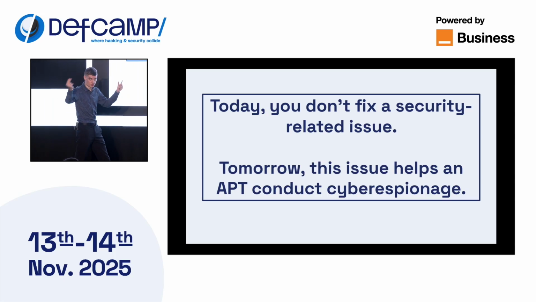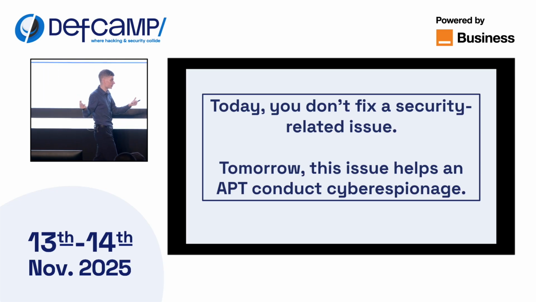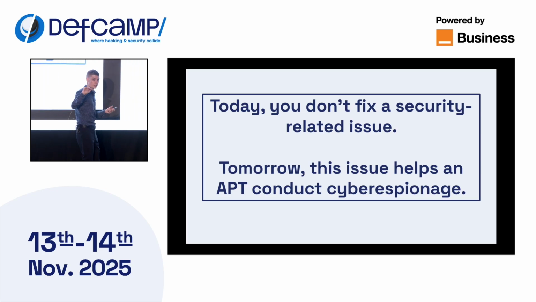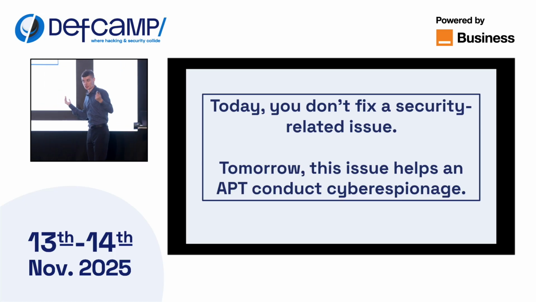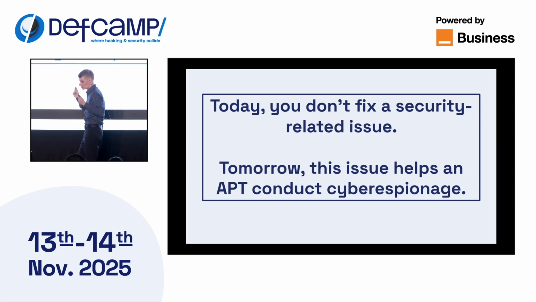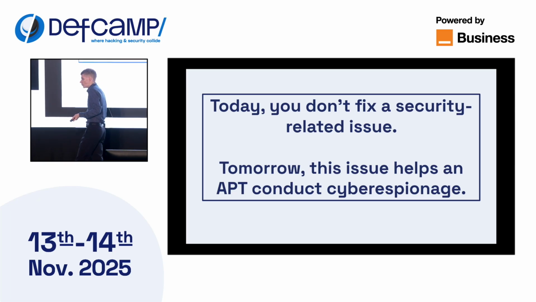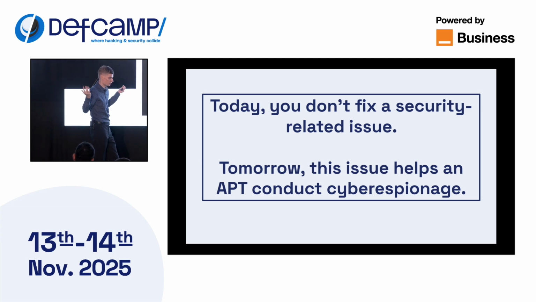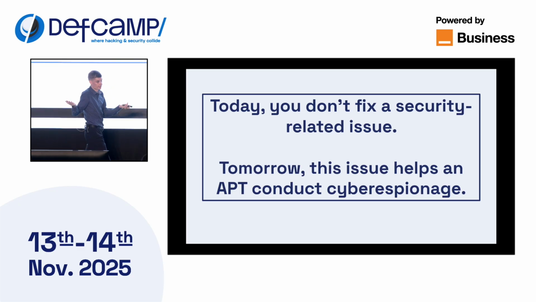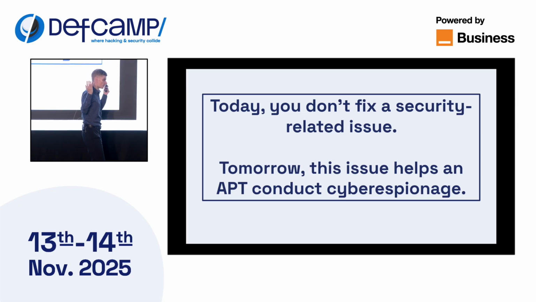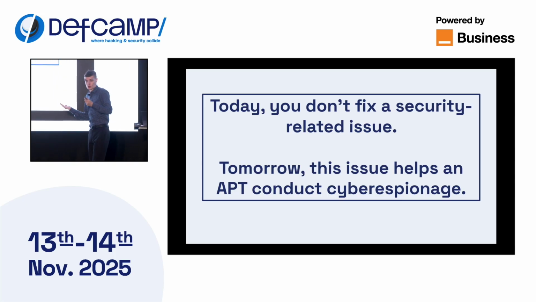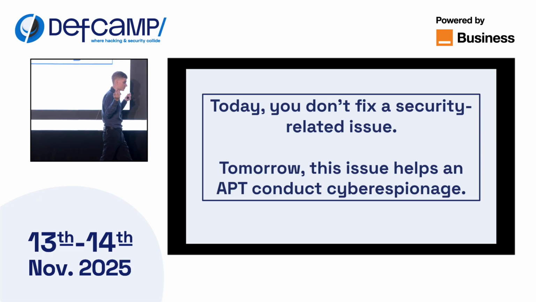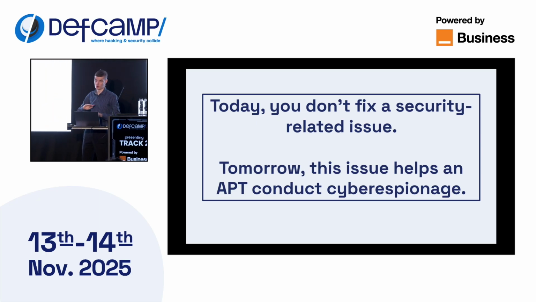If today you see this kind of security-related issue that you think is not important, someday APTs will find these issues and leverage them to conduct cyber espionage. And when there are security research articles posted about it, they will mention your company and how you reacted to this vulnerability. This is what you need to keep in mind. You should pay attention to these minor issues, because if you fix them properly, you give no chance for an APT to parasitize your product.